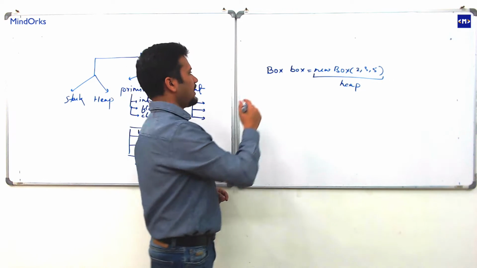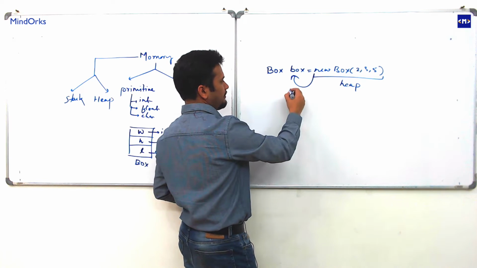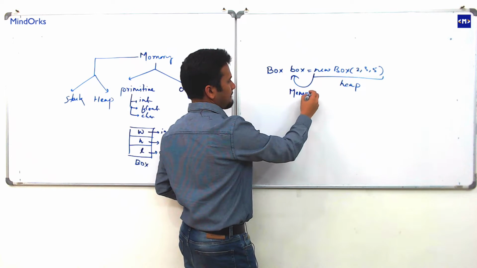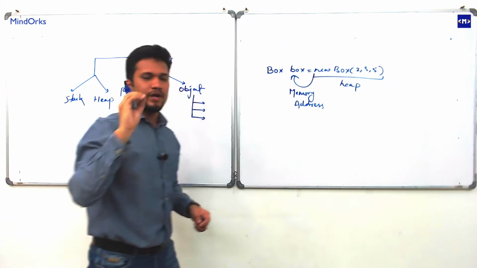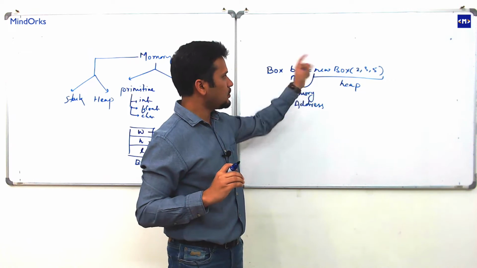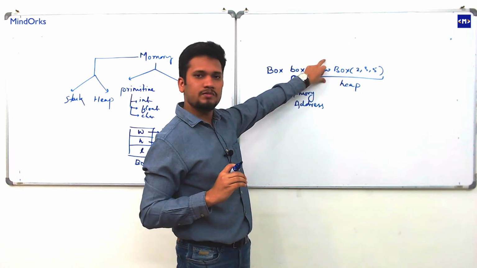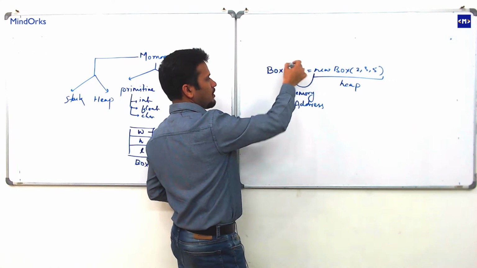And this returns a reference. This returns what? A memory address, which identifies the location in the heap where this object is created. So this memory address is stored in the box.